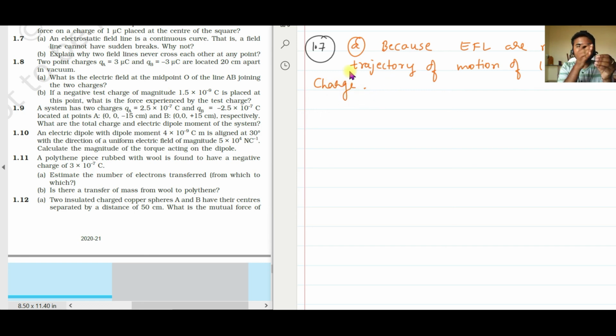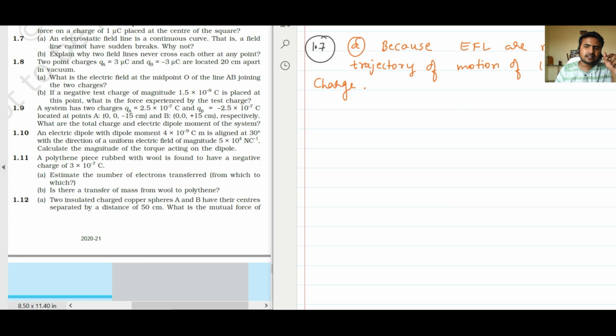So suddenly it cannot vanish at one point and appear at another point, because an electric field line is a trajectory of the path. In whichever direction the charge experiences force, in that direction it will move, and the path that it traces is nothing but the electrical field line.